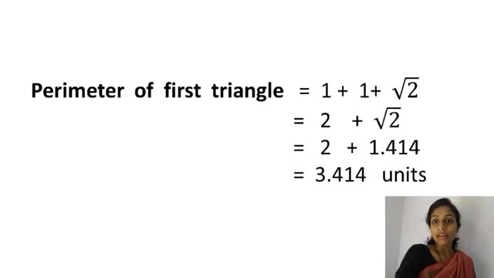So, here what do we do? We add the irrational number with the natural number, and we substitute the value of root 2 as 1.414. So the perimeter of the first triangle is obtained as 3.414 units. Is it clear?